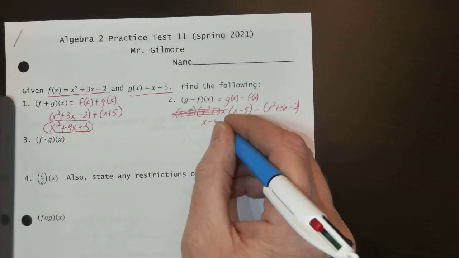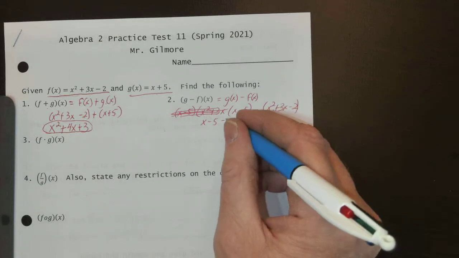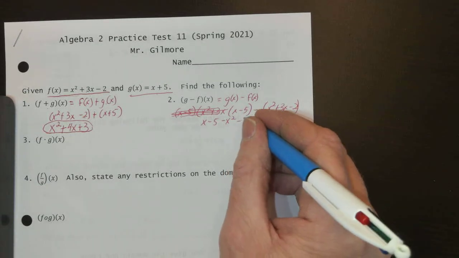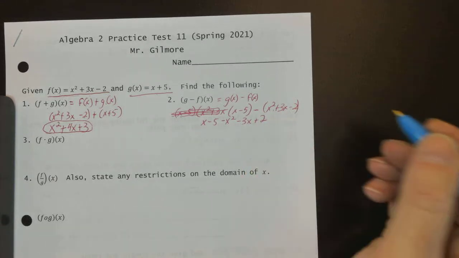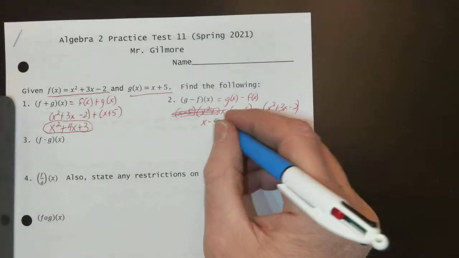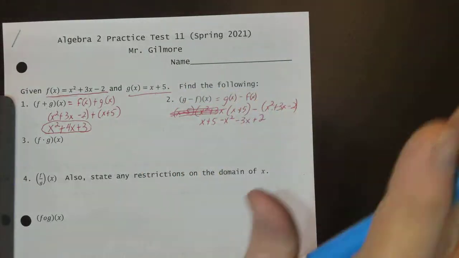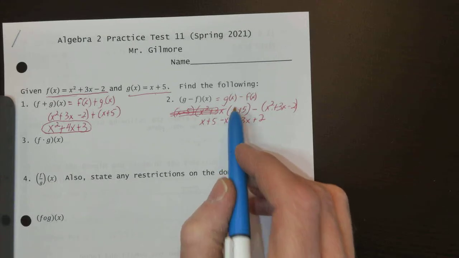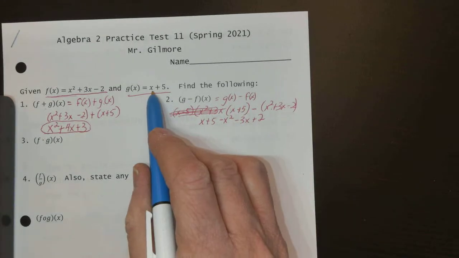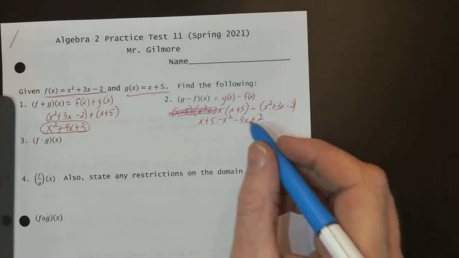So this is x plus 5, and then I'm going to distribute this negative: minus x squared minus 3x, and then a minus and a minus is a plus, so that's plus 2. I have to be careful here. That was x plus 5, not x minus 5. Now, there's my first term.